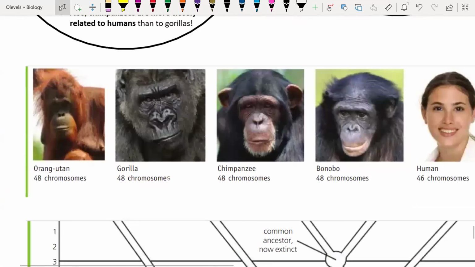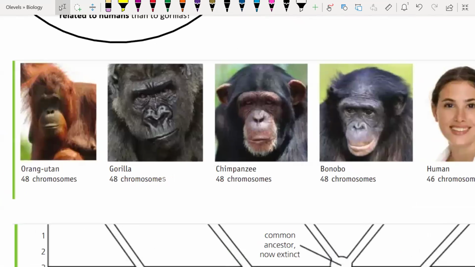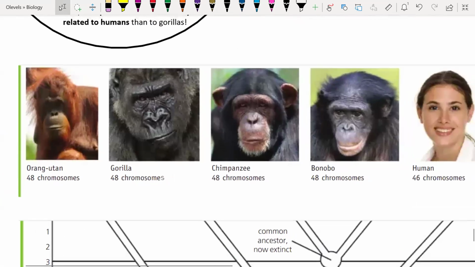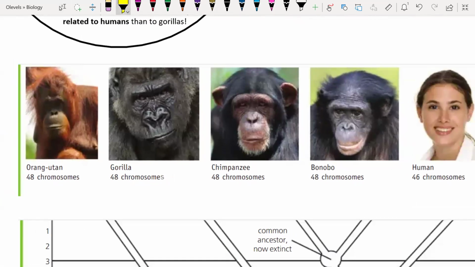Here you have an image and chromosomal information about the orangutan. They look like this, and they have 48 chromosomes. Gorillas look like this and they have 48 chromosomes. Then that's the chimpanzee, also with 48 chromosomes.